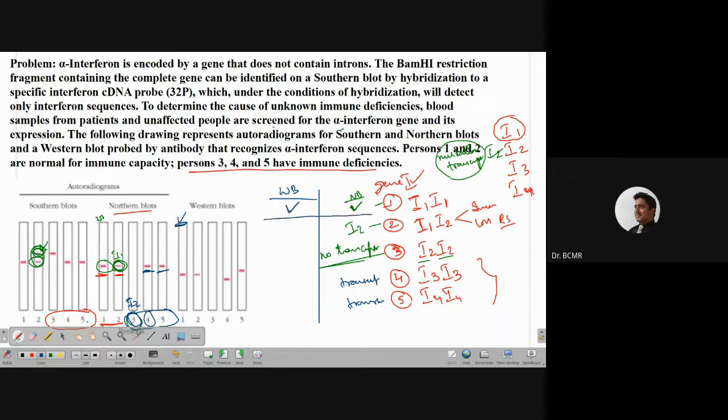So from Western blotting, sample 1 is normal, wild type, so we don't have to really bother about it. With sample 2, we understood that there is a mutation in transcription, and so there is only 50% of transcript present. And because of that, we only have 50% of protein 2. So Western blotting, like Northern blotting, can be used for qualitative analysis, whether a protein is present or not in a given sample.